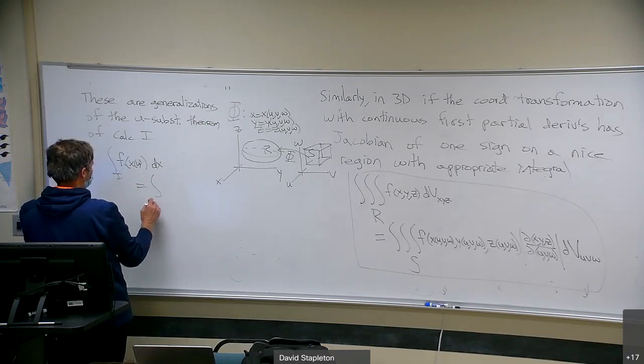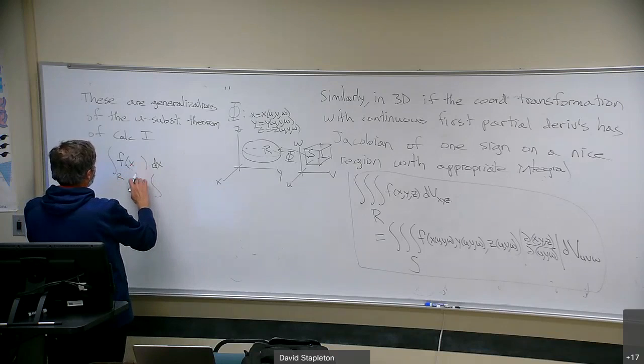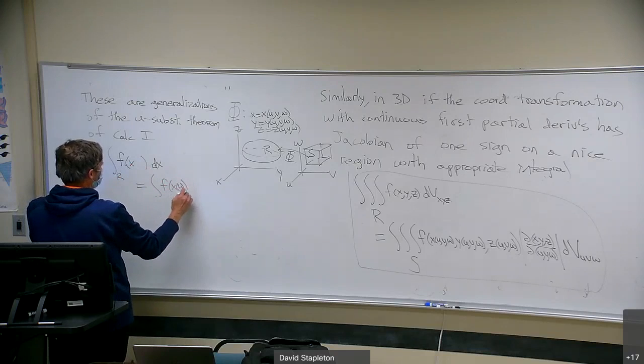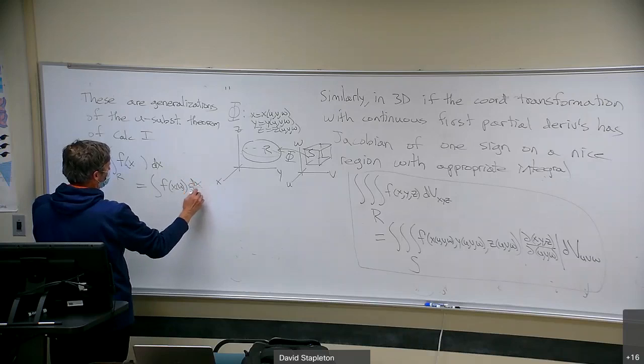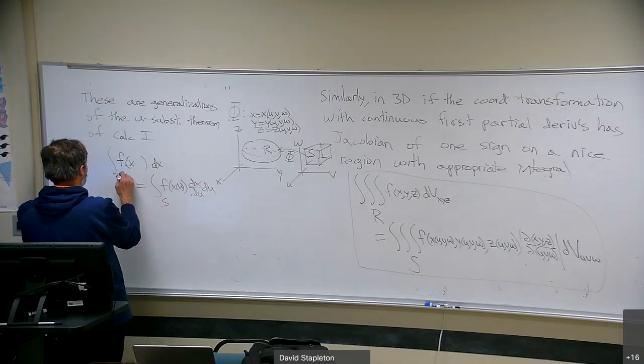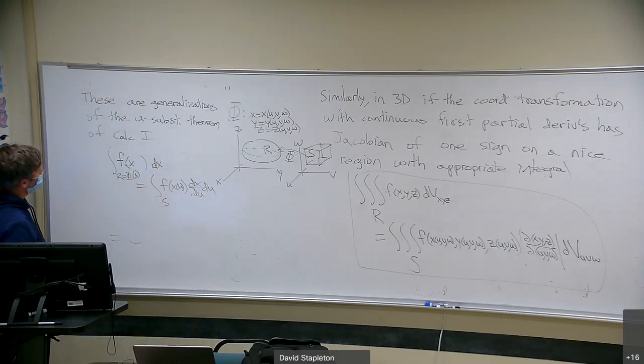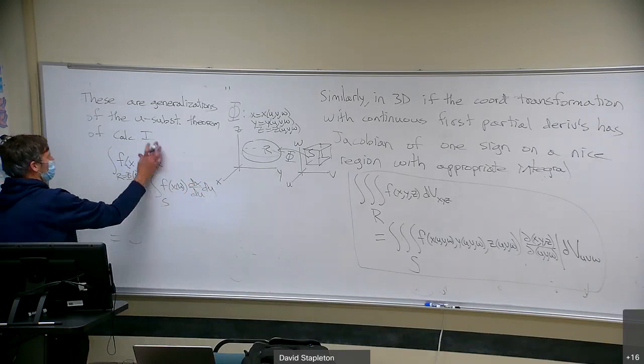Maybe I should call it R just to be consistent, even though it's not a region. You can rewrite this as the integral of f of x dx as the integral of f of x of u, dx du, by u substitution over S, where R is equal to the image of S. So the u substitution theorem is written sort of backwards here from the way it's usually presented.